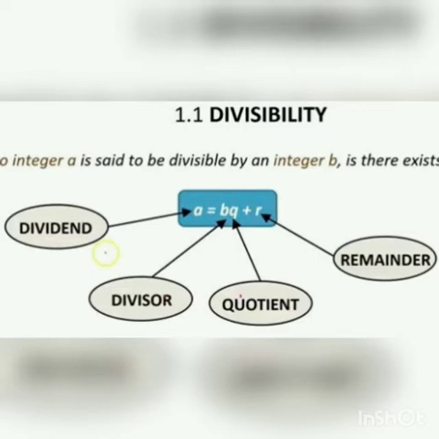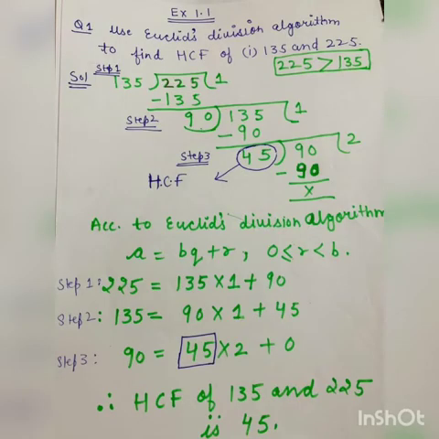The maximum value of remainder is less than divisor and the minimum value of remainder is 0. Why? Because remainder can never be negative. So I think I made my point very clear that remainder is always greater than or equal to 0 but less than divisor. Now exercise 1.1 question number 1.